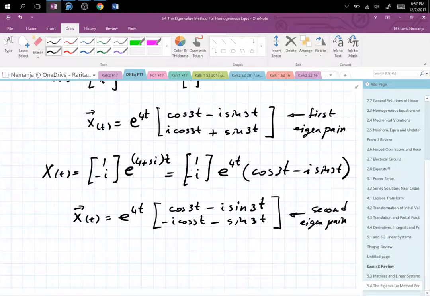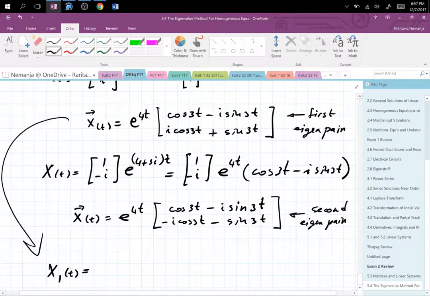So your x1 solution in terms of t, which comes from here, is going to be e to the 4t, and then from this parenthesis you are keeping cosine 3t and sine 3t. The others are imaginary and you drop them.